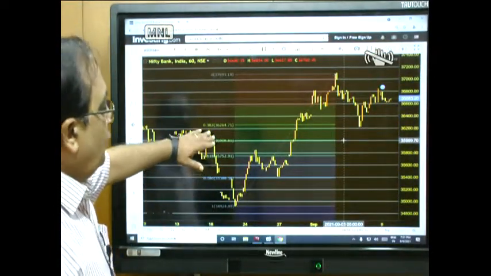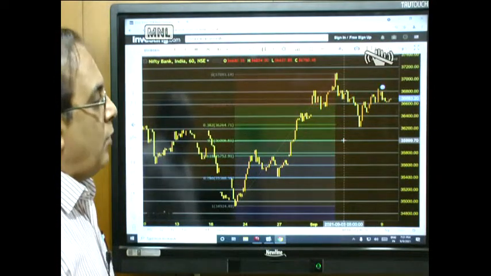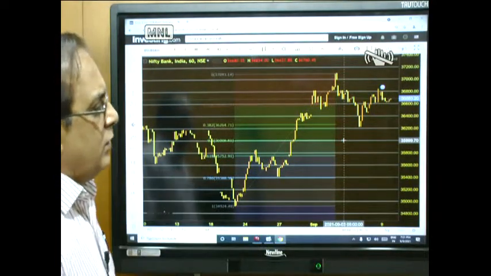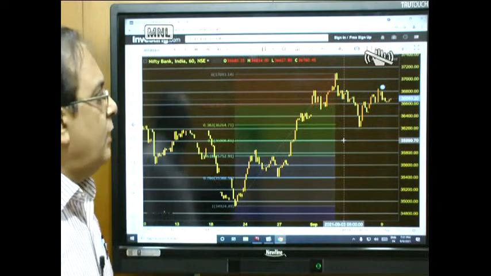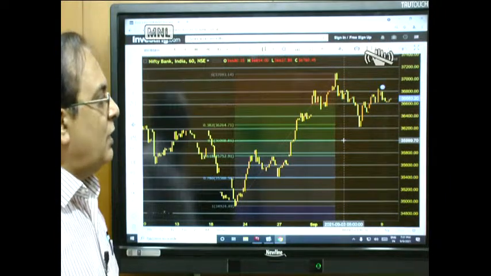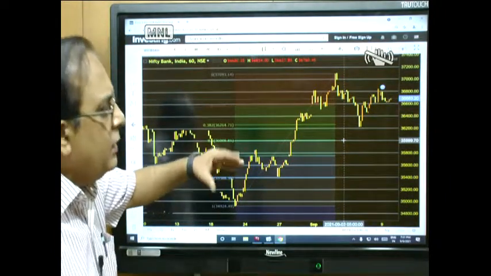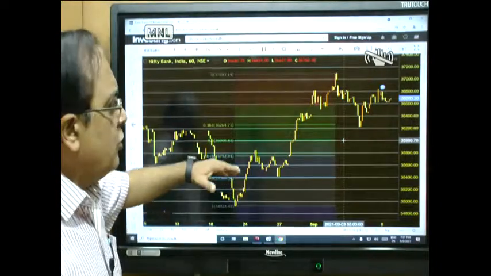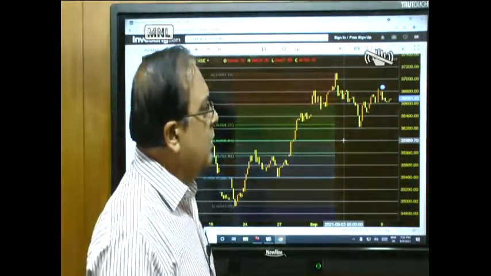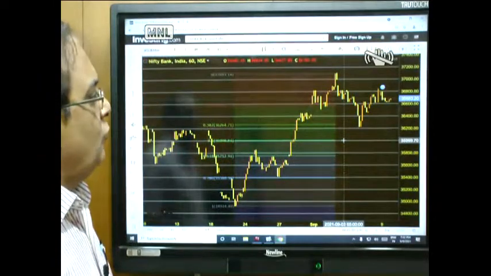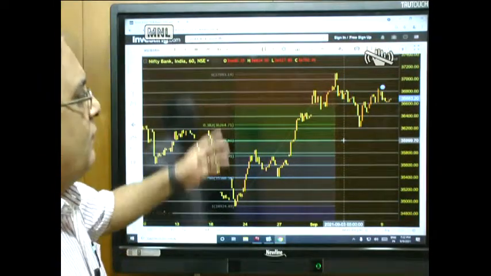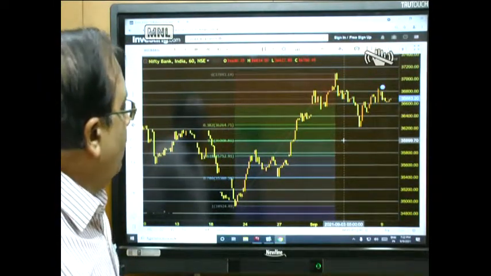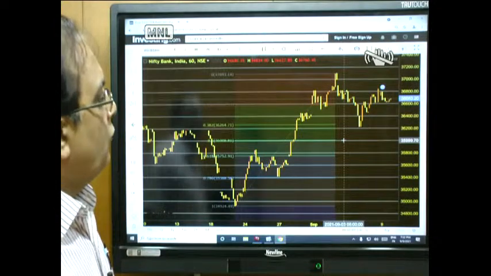So 36,264 is the 0.382 level. Normally it has some sort of fall which is slightly greater than 38.6, so normally it should not happen, but it should hold on to that. If you look at the hourly chart also, it just came down a little bit, and from there it started to bounce back. So 36,264 is a very important level.